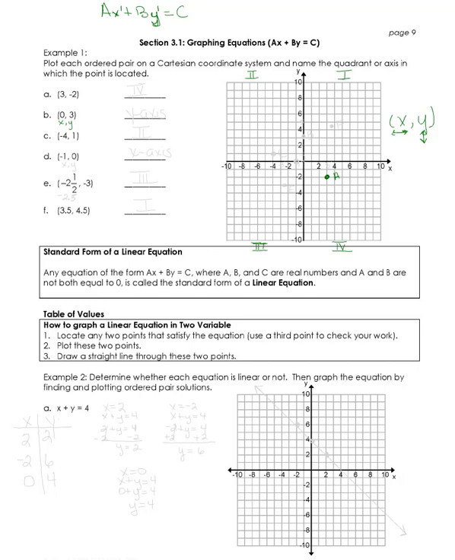Well, when we start at the origin, we're at 0. So we're not moving on the x. We're not going left or right because we're right there at 0. But for y, it says we're going to go to 3. So we're going to move up 3 spaces. So here's 0, and then we count 1, 2, 3. That's letter B.